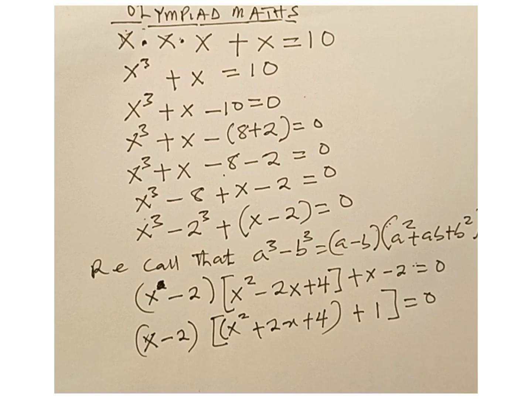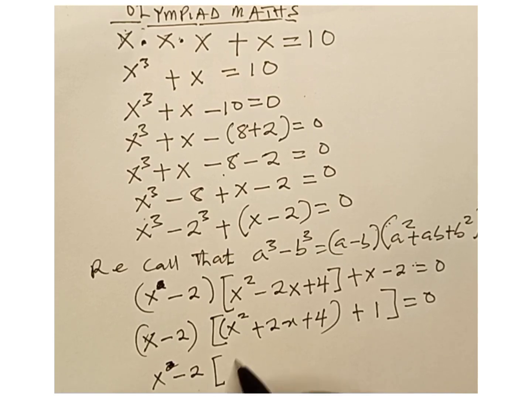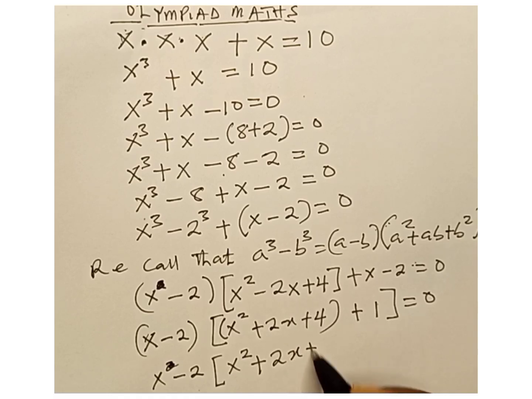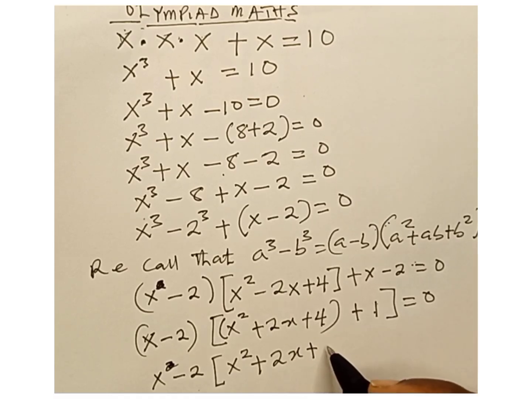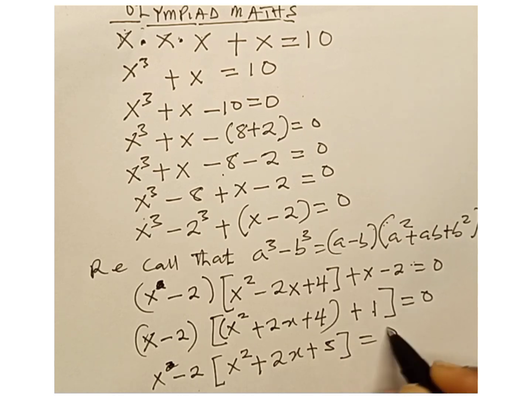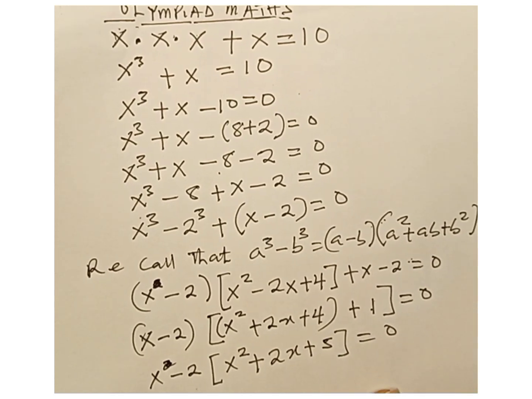So we can write this as x minus 2 into x square plus 2x plus 4 plus 1, which is 5, equals to 0. That's what we have.